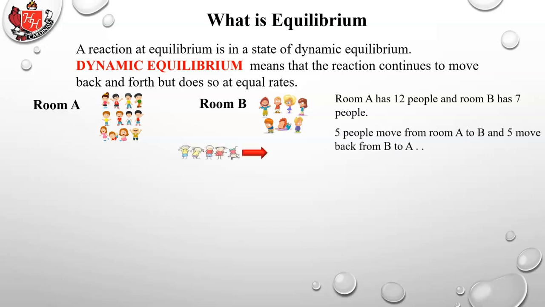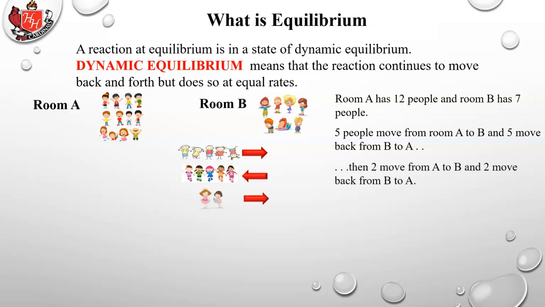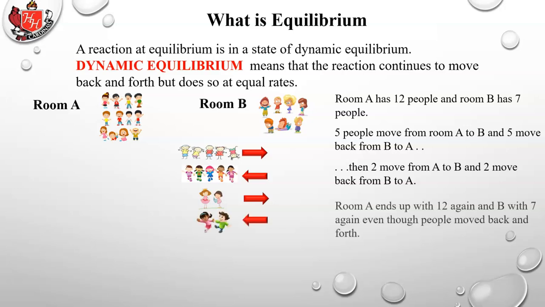Now 5 people move from room A to B, and 5 move back from B to A. So now you're back with the same numbers, 12 in room A and 7 in room B. Now 2 move from A to B and 2 move back from B to A. And again, you end up with the same numbers you had before. So room A ends up with 12 again and B with 7 again, even though people move back and forth.